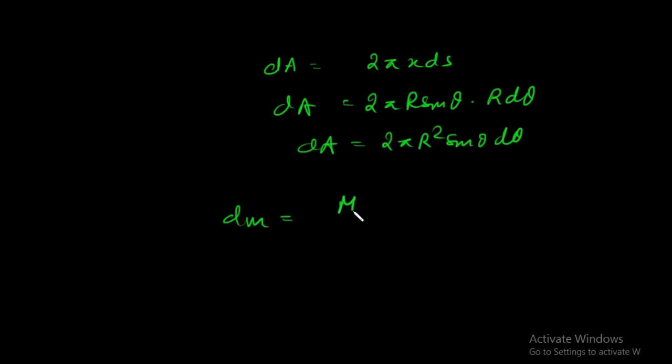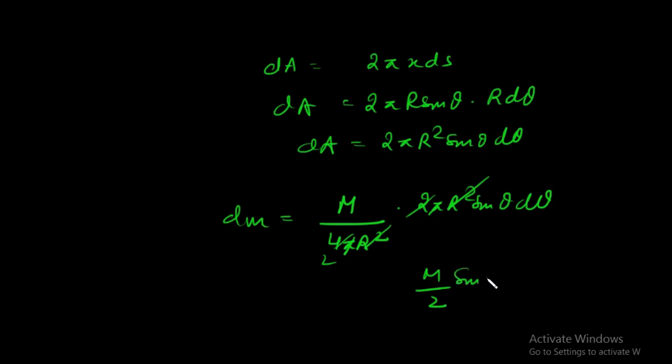So the mass of the sphere is constant and the surface area of the sphere is constant, as I already told you, and this would be multiplied by 2 pi r square sine theta d theta. And r square would be cancelled out, pi would be cancelled out, 2 will cancel 4 by 2, so this will be m divided by 2 sine theta times d theta. This is the differential mass of the ring.